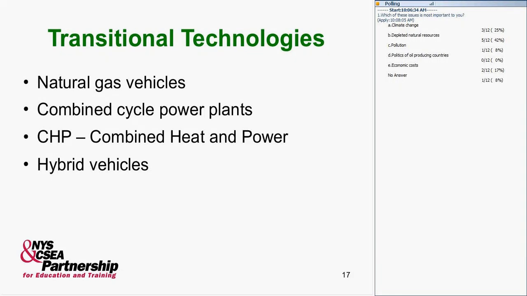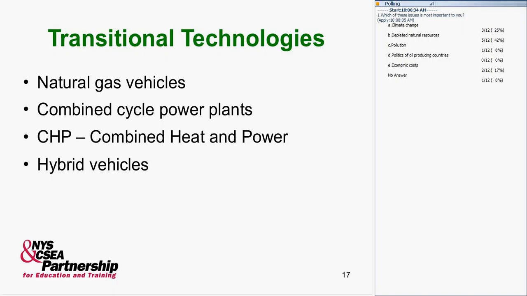The traditionals, the reason I call them traditional is they're all things that will eventually end up disappearing. Right now, they are better than nothing, but in the long run, we want to get away from them also. This is one step up from what we were doing, but two steps back from what we need to do in the long run.